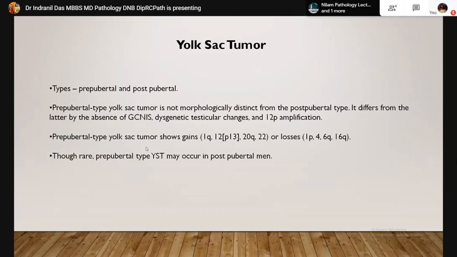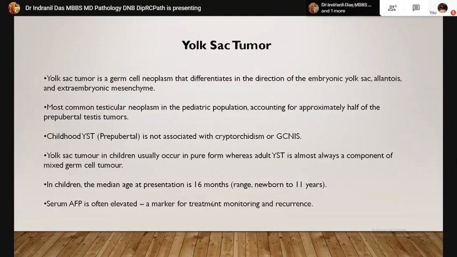The prepubertal type yolk sac tumor often shows gains of chromosome 1q, 12p, 20q, chromosome 22, or losses of chromosome 1p, 4, 6q, or 16p. Though rare, the prepubertal type of yolk sac tumor may occur in postpubertal men.